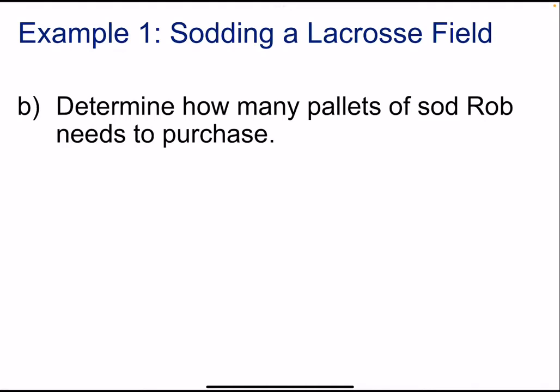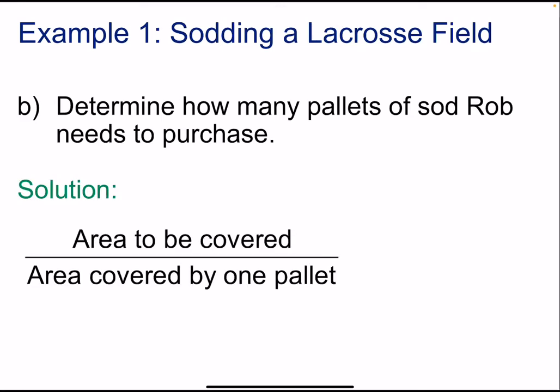Now, determine how many pallets of sod Rob needs to purchase, at 480 square feet each. So the number of sod pallets equals the area to be covered, that's the area of the rectangle, the area of the field, divided by the area covered by one pallet, right?